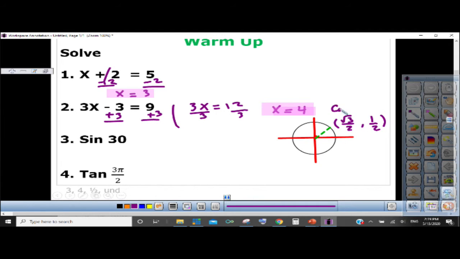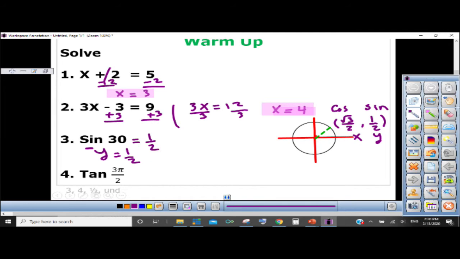So this is cosine, and this is sine. So this is the y, this is the x, and if they wanted the sine, that means they wanted the y side. So y equals 1/2, or the sine is equal to 1/2. Okay, so the answer for this one is 1/2.